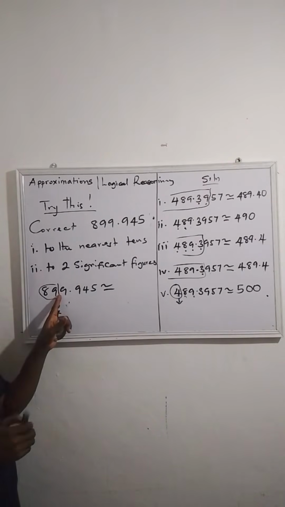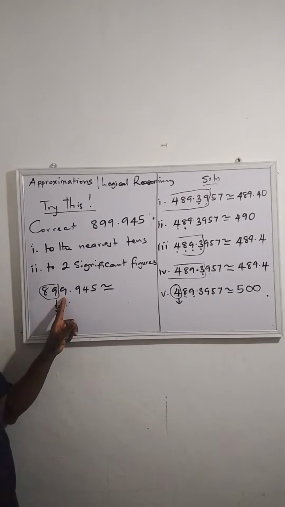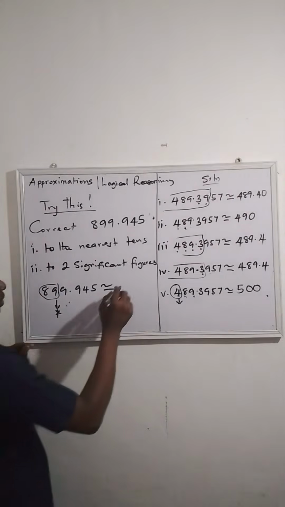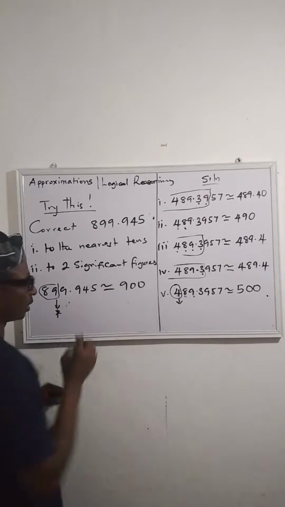But then, because this digit is before the decimal point, I'm going to turn this to 0. Hope you know that. Alright, so I'm writing 890. But don't forget, before I write that, I have to check if this is up to 5. So I will increase this by 1. So when you increase this by 1, we have 10, so this becomes 9. So that means your answer is going to be 900.